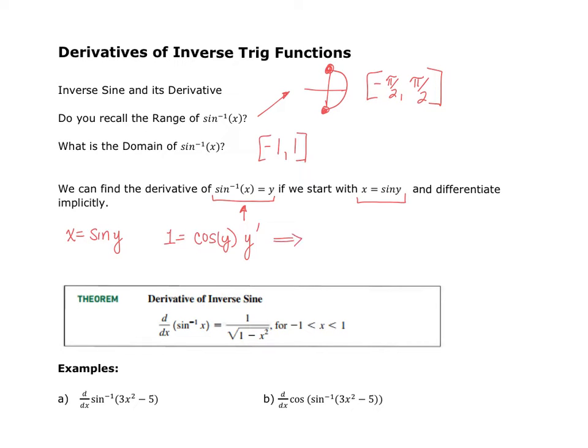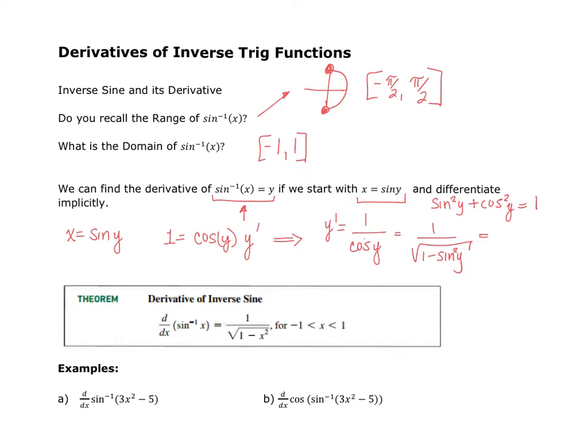So now we can rewrite this: y prime is 1 divided by cosine of y. Well, we happen to know that sine squared y plus cosine squared y is equal to 1. So we could rewrite cosine of y as the square root of 1 minus sine squared y.